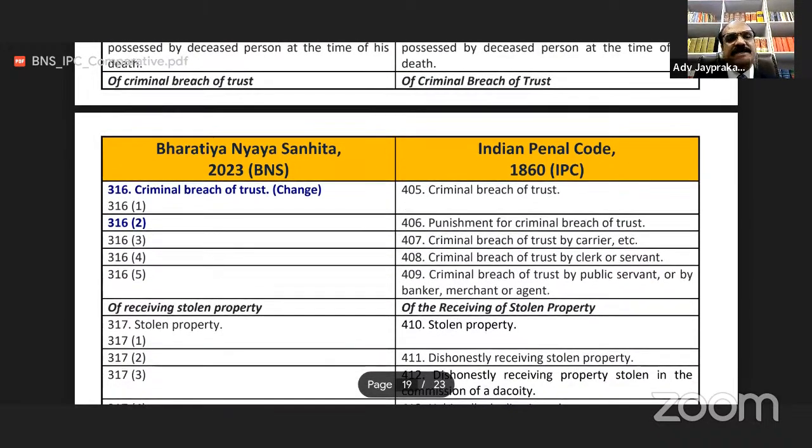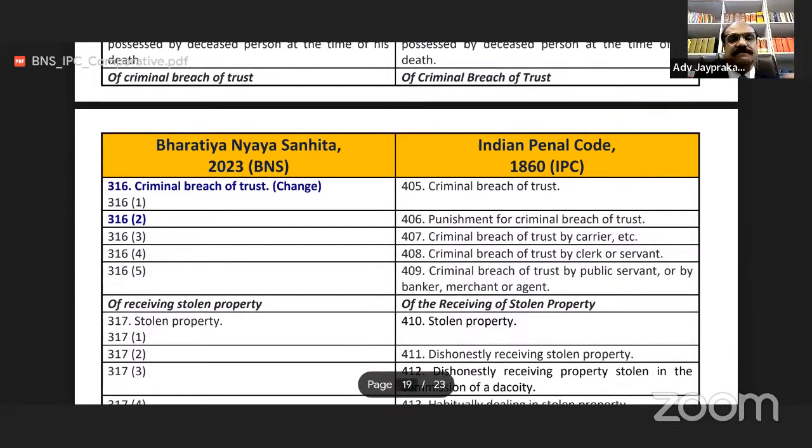Of criminal breach of trust: BNS section 316, criminal breach of trust. Its corresponding section was IPC 405. BNS section 316(2) is related to punishment for criminal breach of trust.